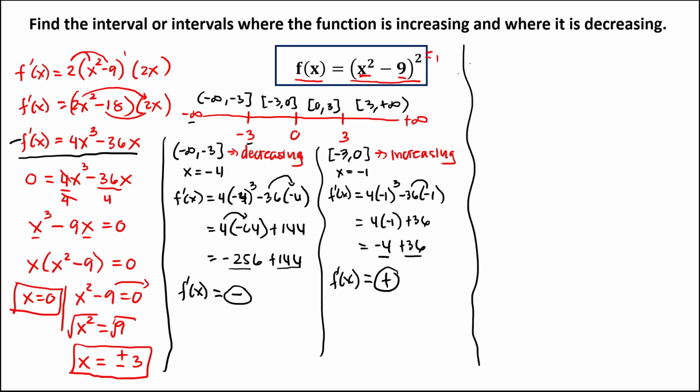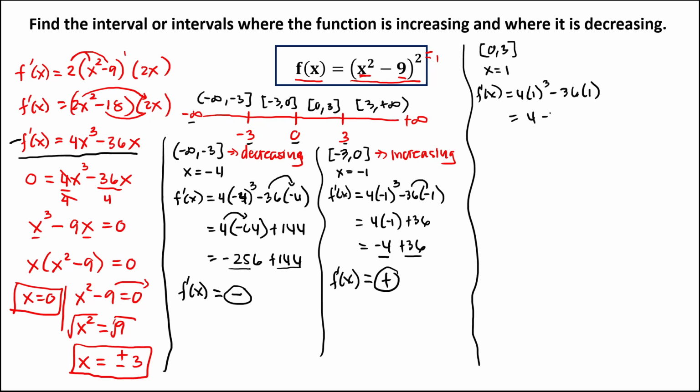Then for the third interval, 0 to positive 3, we let x be a number between 0 and positive 3, so we let x equals 1. So we have f prime of x equals 4 times 1 to the power 3 minus 36 times 1.